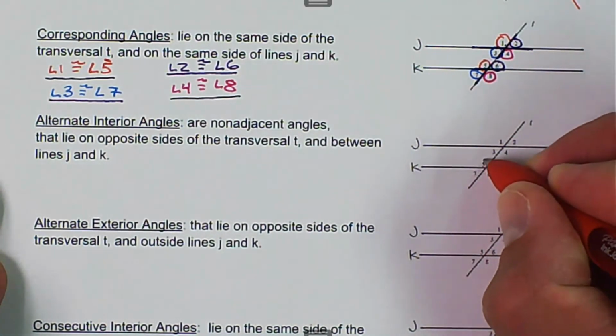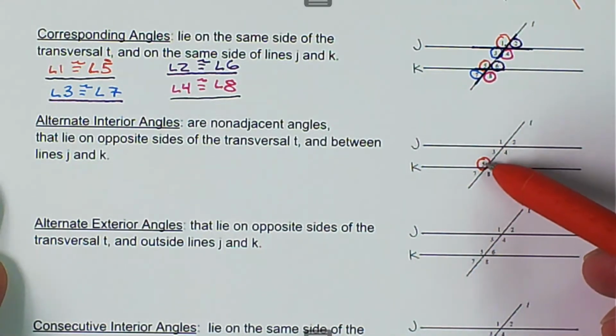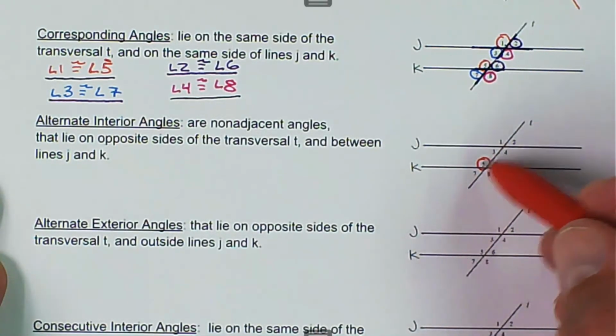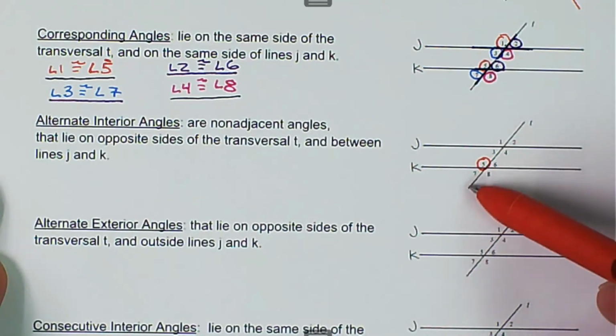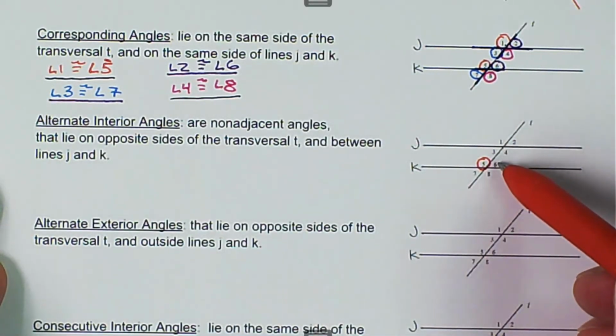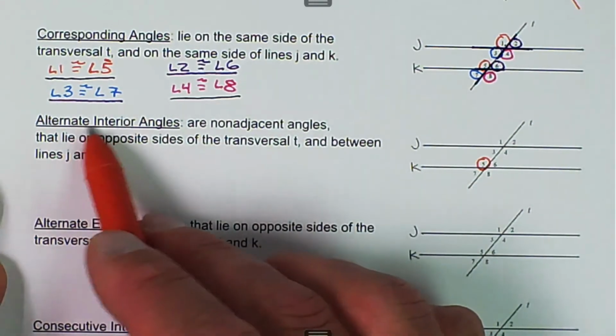So if we had angle 5 right here, angle 5 is interior, right? It's inside the house, so that's where the interior part comes from. And then alternate. So there's 4 angles that are on the left side of the transversal. But when we're talking about alternate, it needs to be on the opposite side. So there's only 4 angles we can pick from. It has to be interior.